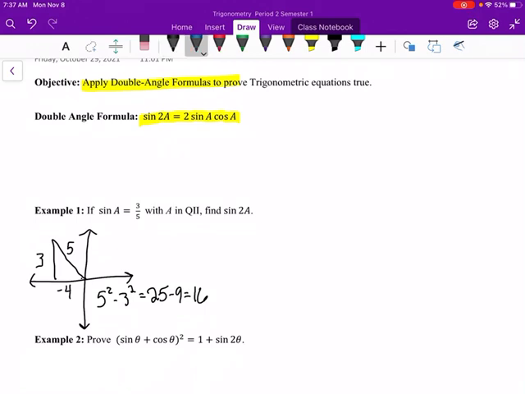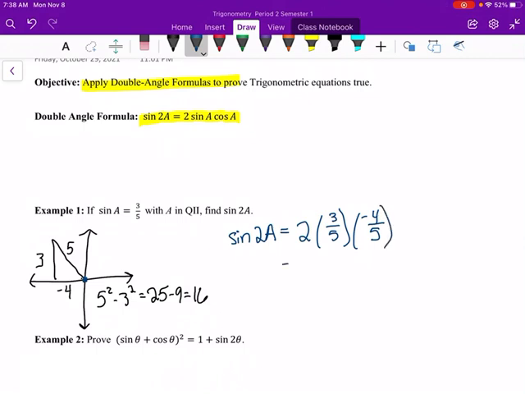Now we can start filling in our formula from above. We are looking for the sine of 2a, and that's going to be equal to 2 times the sine of a, which we already know is 3 over 5, times the cosine of a, which we can find from our triangle, of being negative 4 over 5.